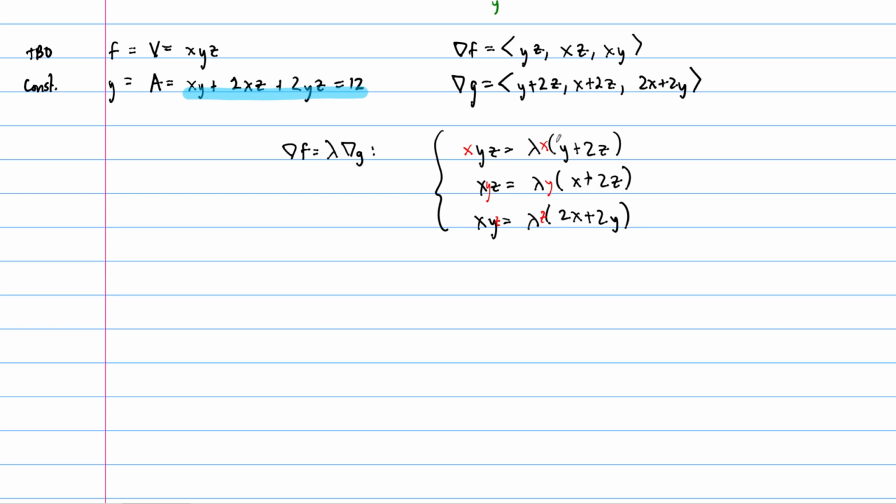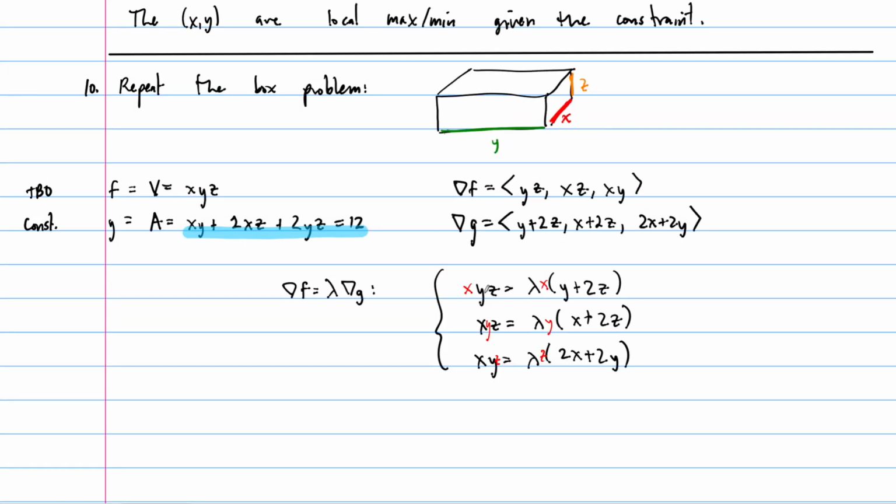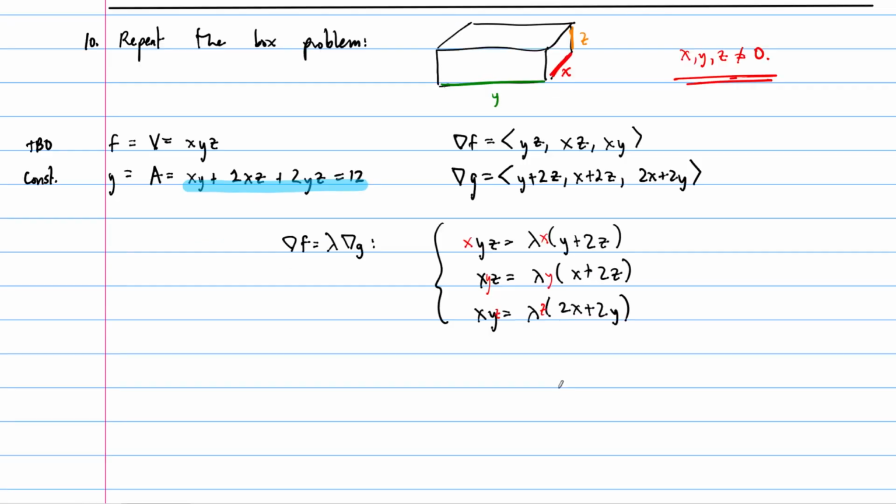Multiplying through, we're taking advantage of the same rule that we did before, which is that x, y, and z can't be 0, because of the geometry and the physical nature of the problem. We're trying to optimize the volume of a box, so having a side length equal to 0 is not going to be the answer. So we can multiply through by these values and not worry about changing our answer.